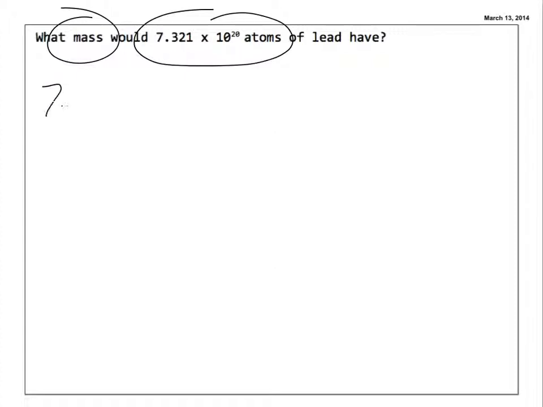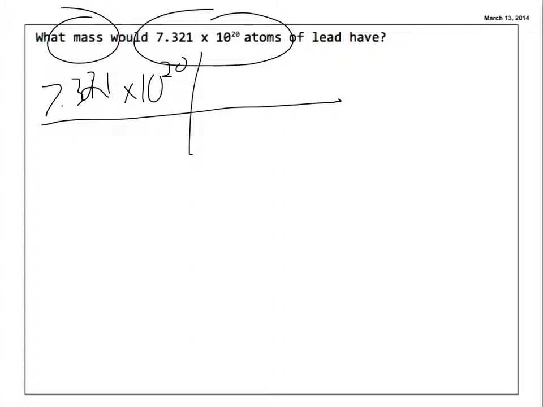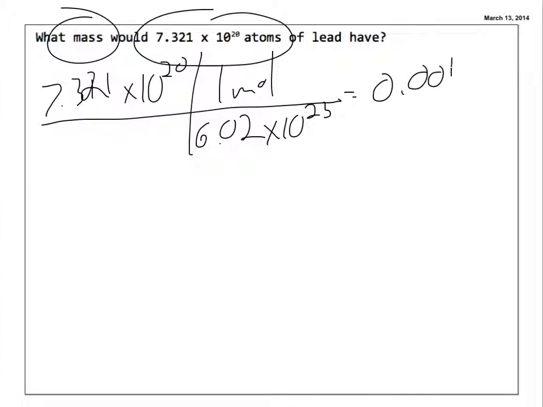We start with the 7.321 times 10 to the 20th atoms times 1 mole is 6.02 times 10 to the 23rd atoms, which gives us 0.00122 moles, or 1.22 times 10 to the negative third moles.